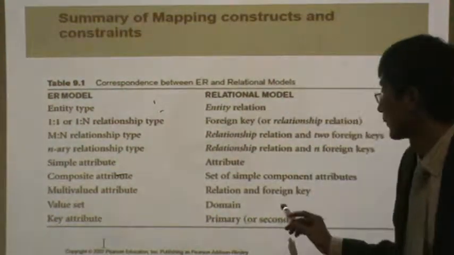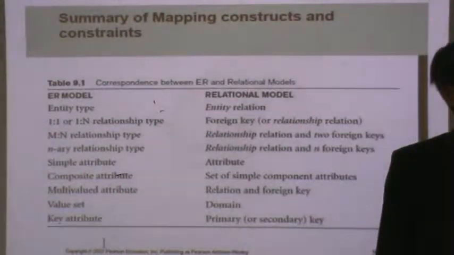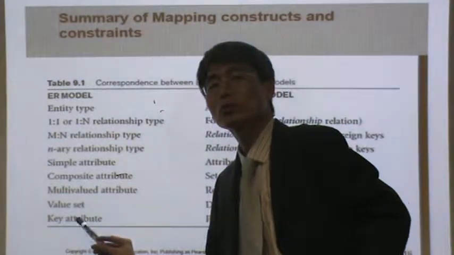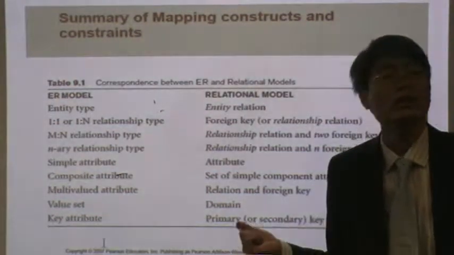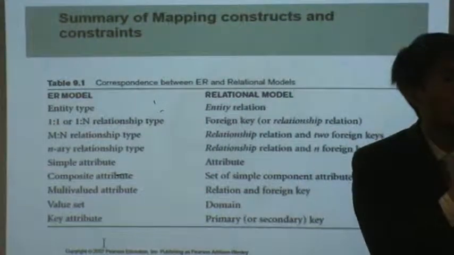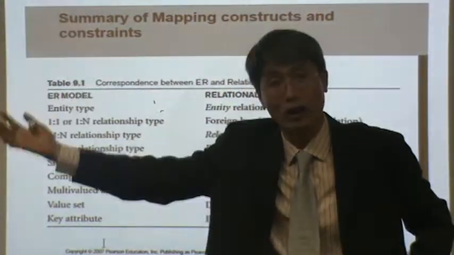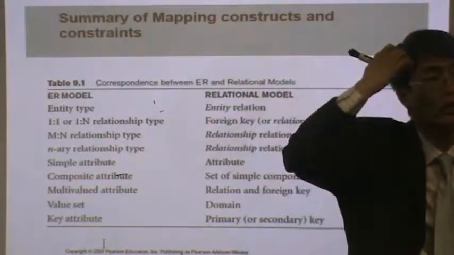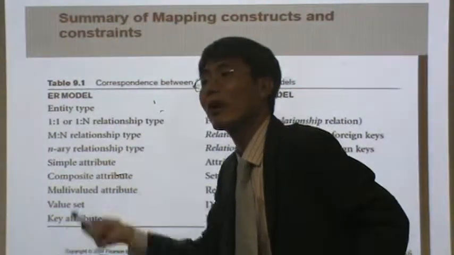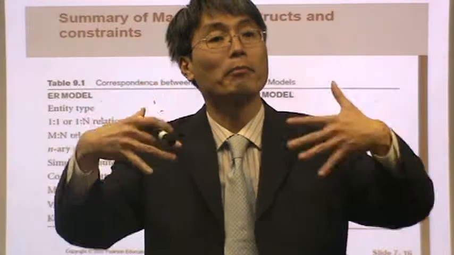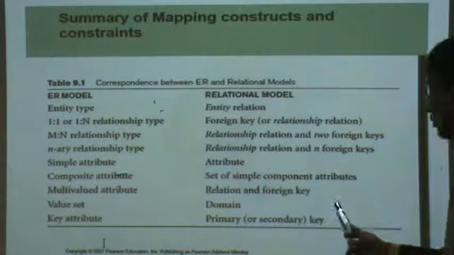Among the key attributes, one of them will be the primary key, and the other key attributes will be secondary keys, also called candidate keys. We will see the importance of the candidate key later when we are learning normalization. Normalization means we can make the initial output of the database modeling better and better through the normalization process. We will discuss it after the midterm exam probably.